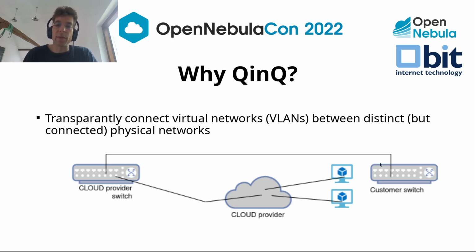From a customer perspective, nothing special is needed, no special configuration on the switch, it's just an ordinary patch. And from the cloud provider perspective, the only thing that is needed is a special configuration and a VLAN.